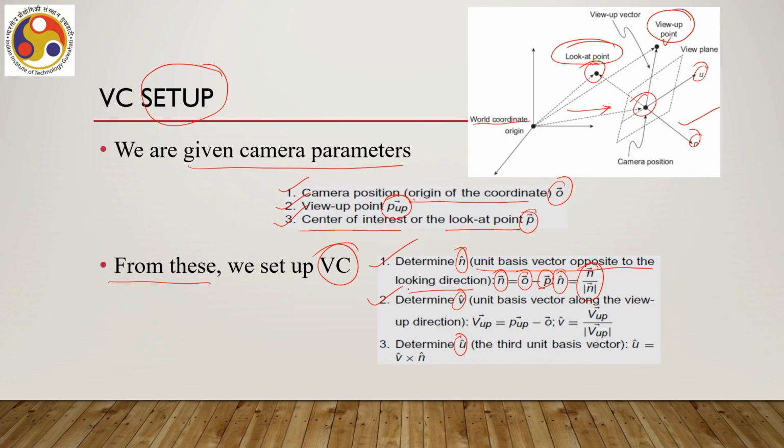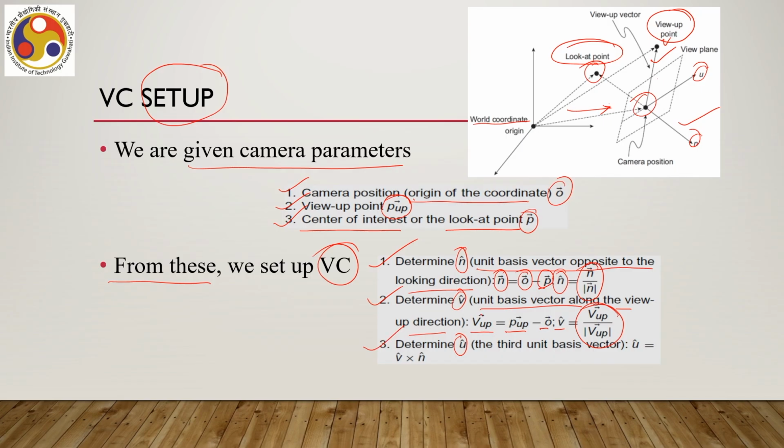Then the second one we can determine, that is v, the unit basis vector along the view up direction. We first get the view up direction, that is p up minus o, and then we get the unit basis vector as this ratio.